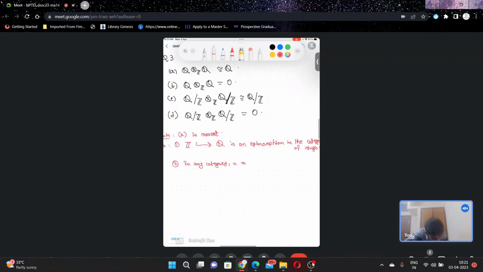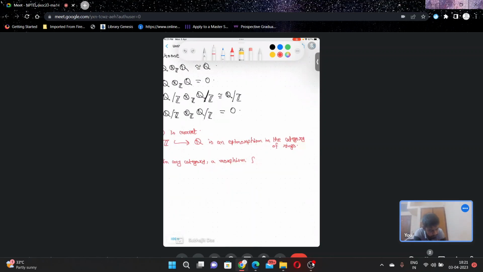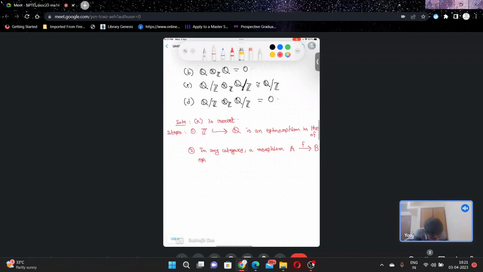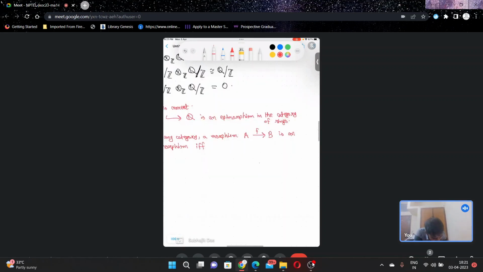Step 2 is to check that in any category a morphism F from A into B is an epimorphism if and only if you take this square, so A to B by F, F, so maybe I need some space here.